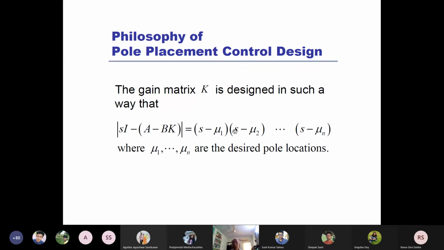We equate these two to find the values of K, because we know the values of mu1 to mu_n, and we know the values of A and B. So equating these two, I can get the values of K. This is basically the methodology for pole placement control design, through which we can get the state feedback controller gain.